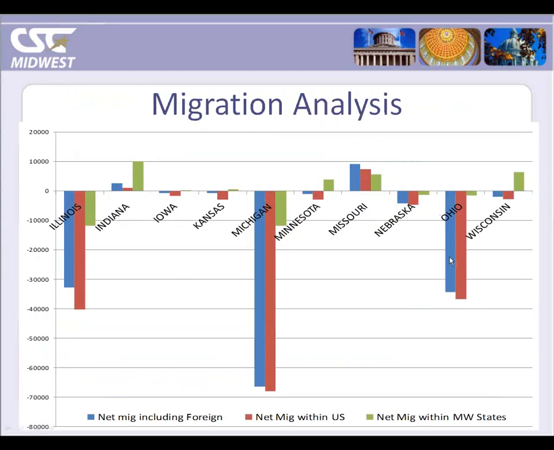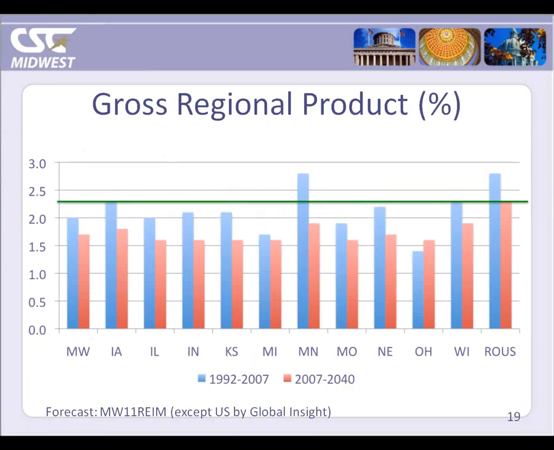And this graph summarizes, and you can see that the states of Illinois, Michigan, and Ohio are significant losers in terms of net migration, both in terms of foreign, but equally important in terms of the volume of flows in terms of net migration within the U.S.